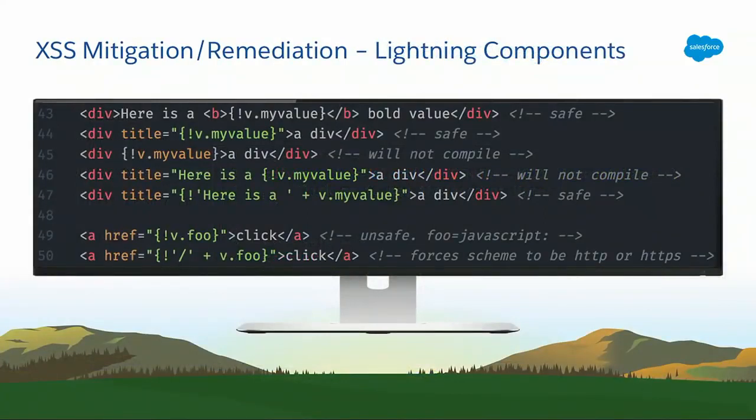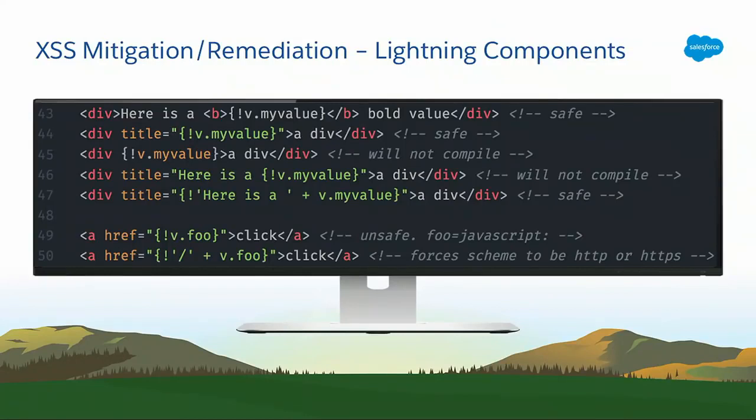Okay, in Lightning, we have a couple of different examples up here. The first one, where we're just basically inserting a value, that's going to be safe. That's going to be automatically encoded for you, as is the second value, where we're setting the title of our div tag to some value from the database or some value from our backend controller.